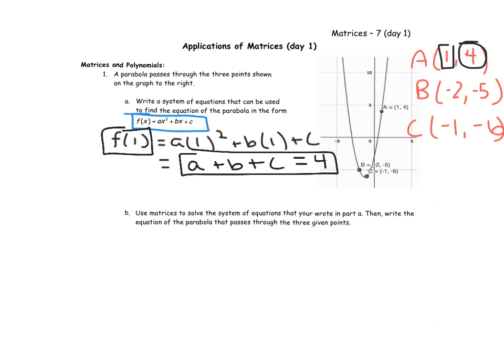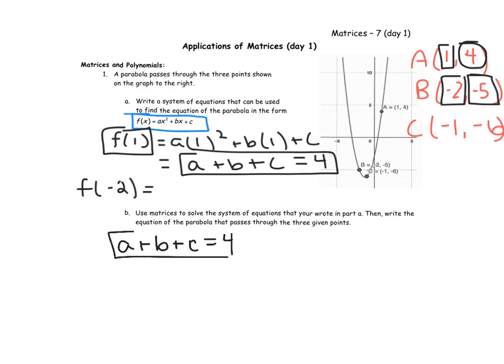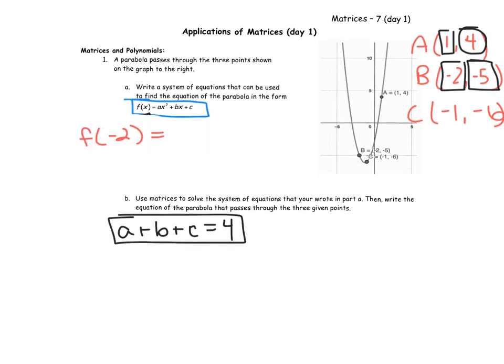Let's come up with another one. I have f of -2, and we know again that the output for when x is -2 is -5. All right, now before I go any further, I'm just going to clean this up a little bit. So I'm going to write our first equation here, just so I don't run out of space on the top. All right, so our first equation, we have a plus b plus c equals 4. All right, so now let's take a look at f of -2. Okay, so for f of -2, remember the output is -5.